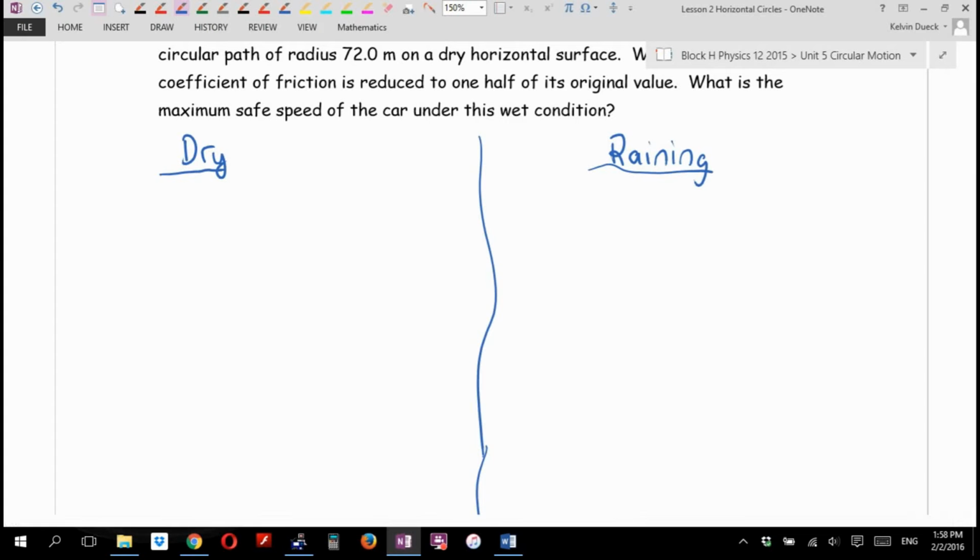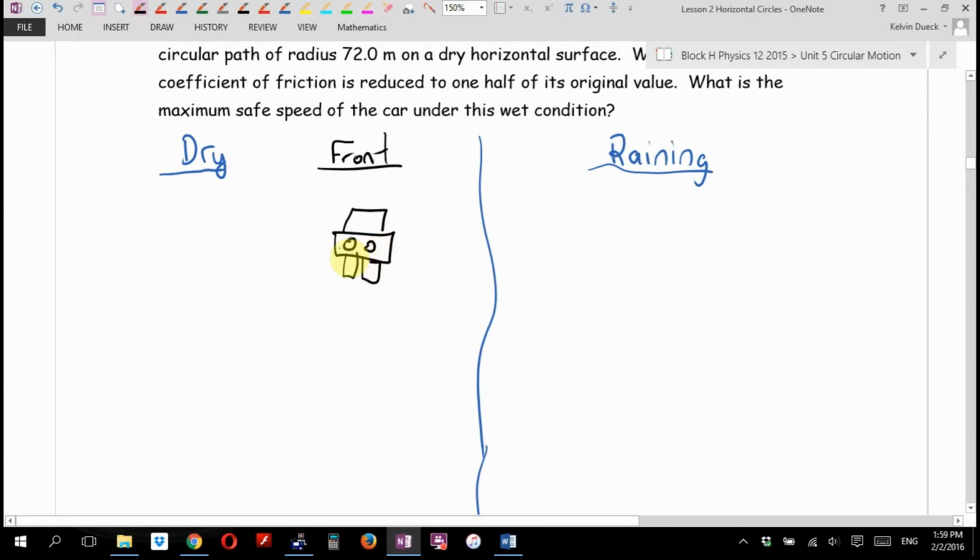If I'm drawing a free body diagram, an FBD, it seems to me that, again, if I do the front view, so here's the car, there's the tires, there's the front lights, and it's going around the corner, let's say like this.